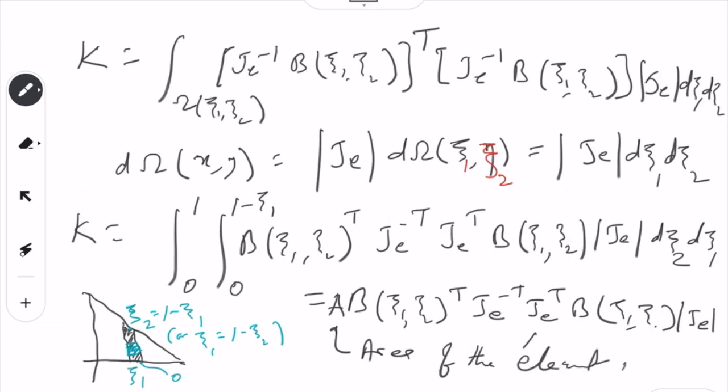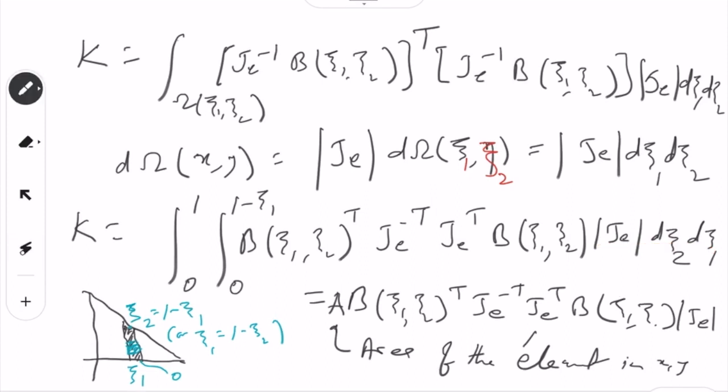We have written A here, the area of the element in xy coordinates. Sorry, not that. Maybe we write differently. So, not write A there.